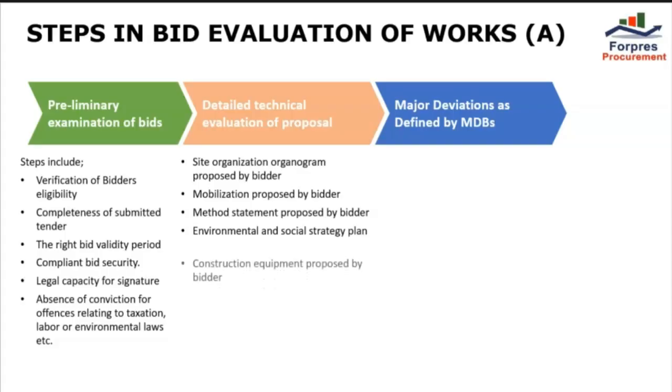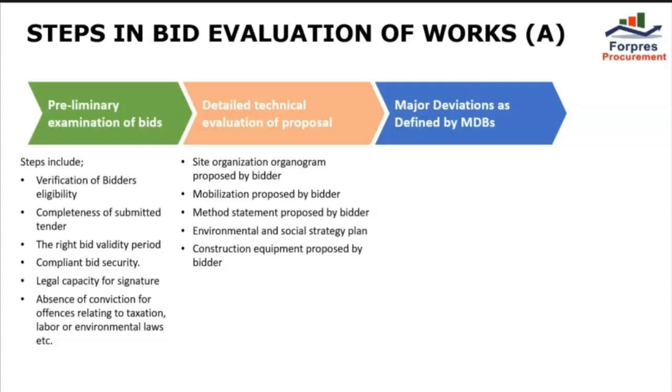Number 5, the construction equipment proposed by the bidder must be of the types, capacities, and years of manufacture stipulated in the bidding documents.